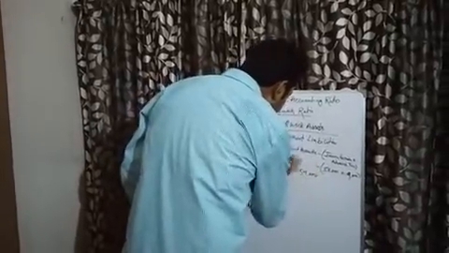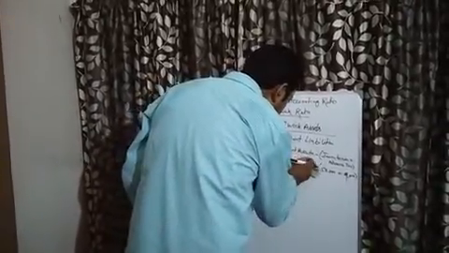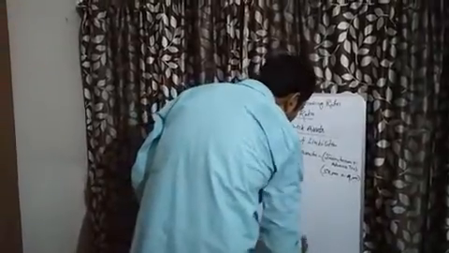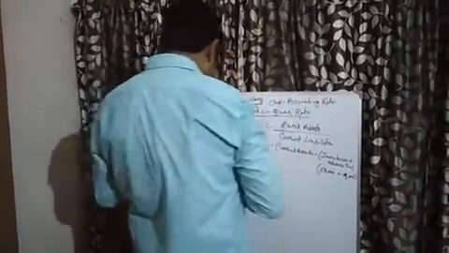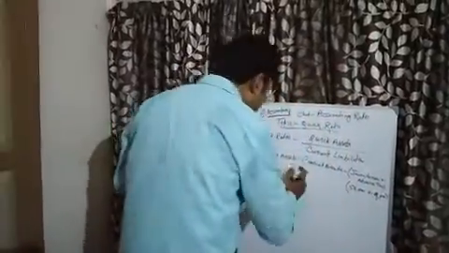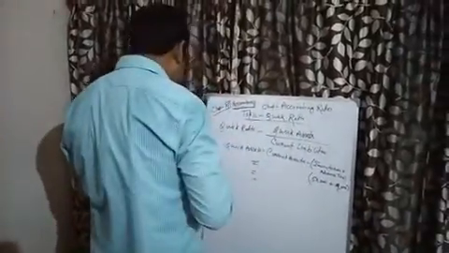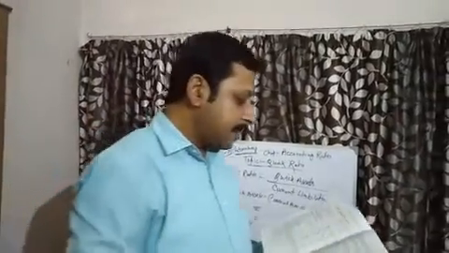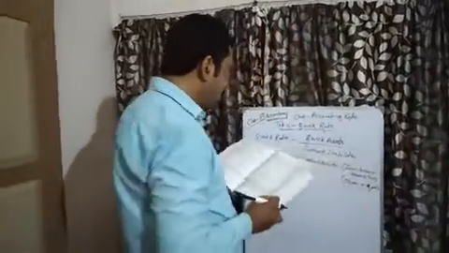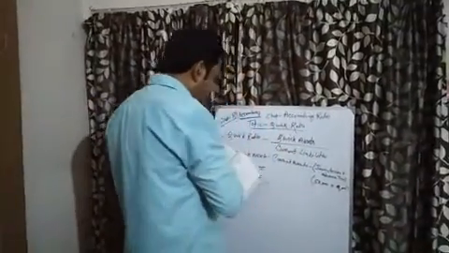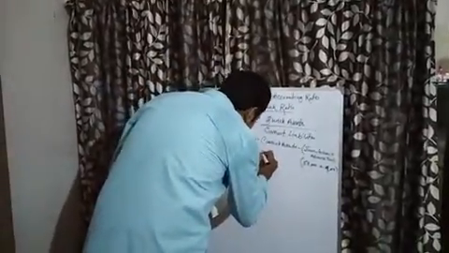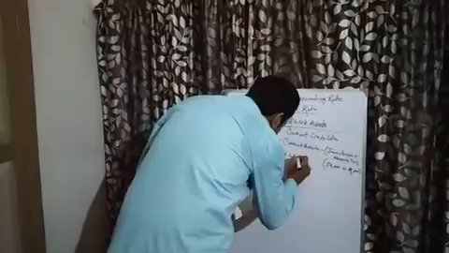Now your total current asset: you just take everything. That is inventory, trade receivable, advance tax, and cash and cash equivalent. All are current assets. So you take all the things, and that comes to 1,34,000.